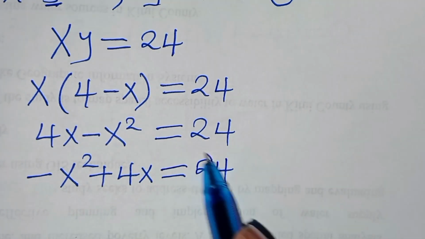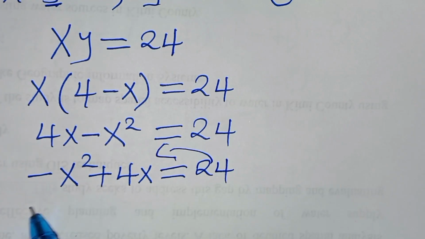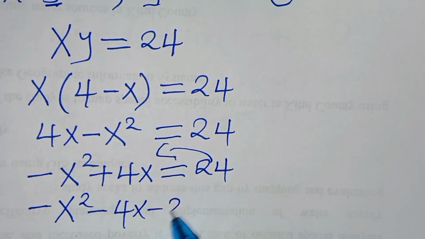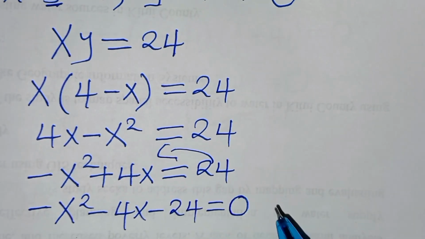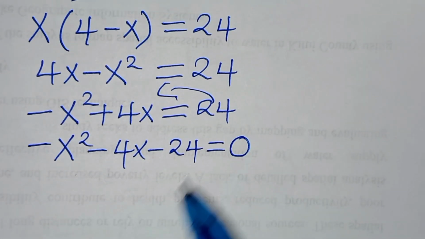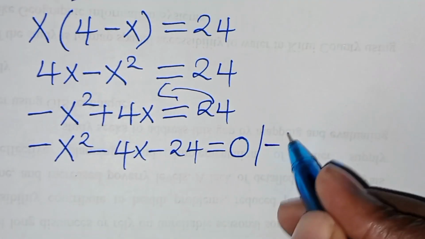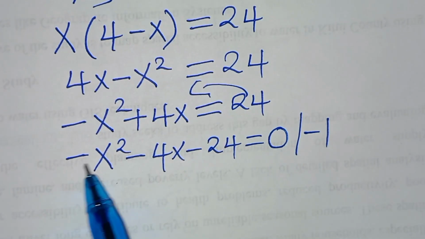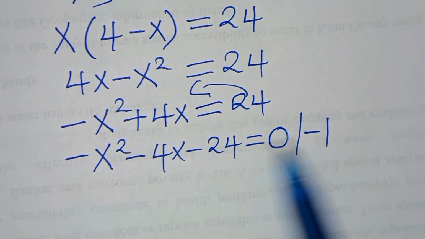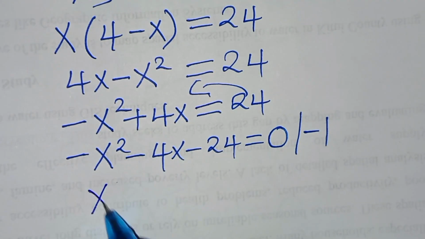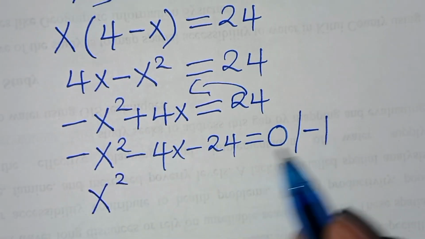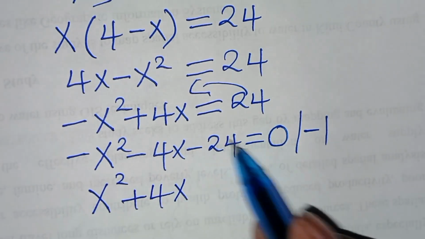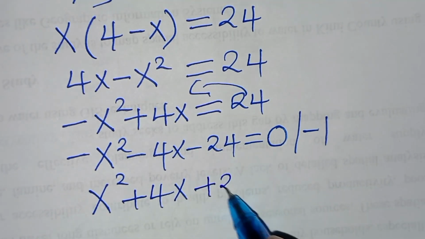So let's take 24 to the left hand side so that we have minus x squared minus 4x minus 24. This is equal to 0. So from here, let's multiply everything by negative 1, so that we'll have minus x squared times minus 1, this is x squared, minus 4x times minus 1, this is plus 4x, then minus 24 times minus 1, this is plus 24.